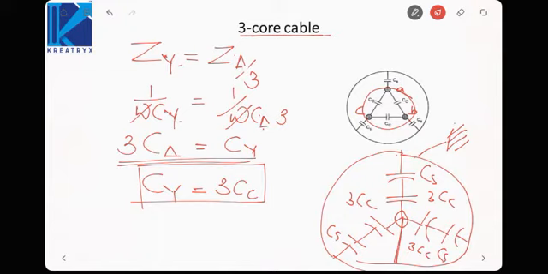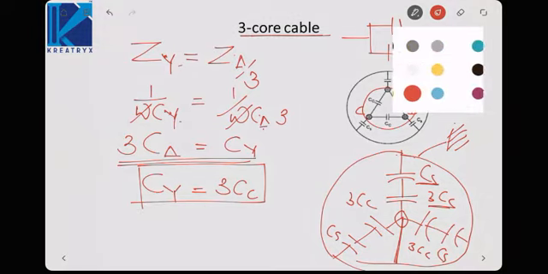Now to determine the capacitance per phase, we need to combine this CS and 3CC. It appears here that both are in series, but in actual both are connected in parallel. How? For parallel connection, what is the condition? If two devices are in parallel, then both their plates must be common.